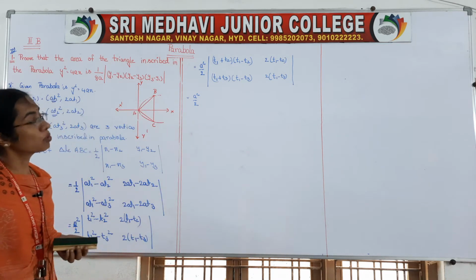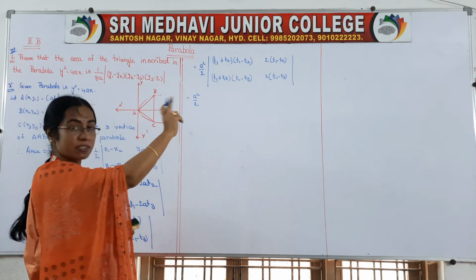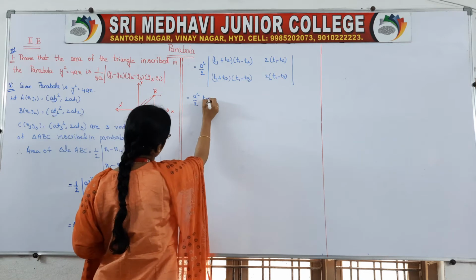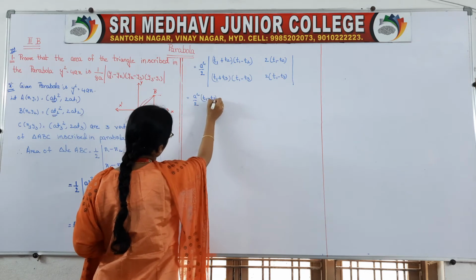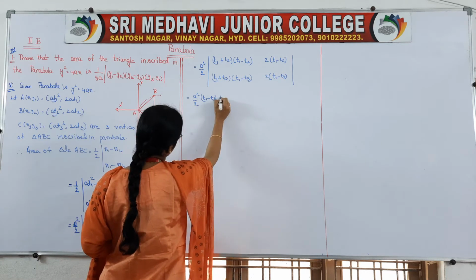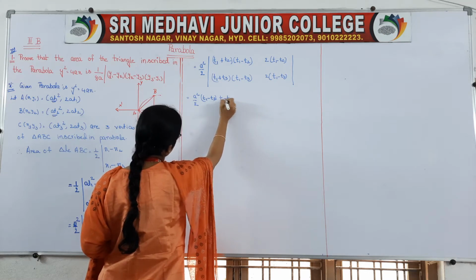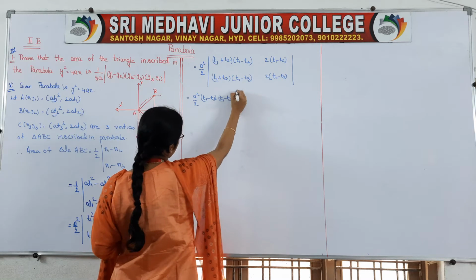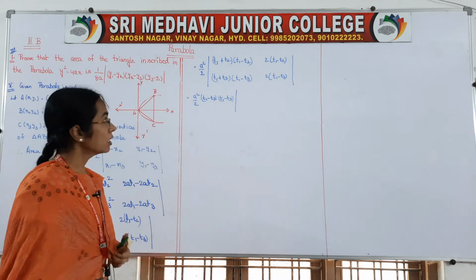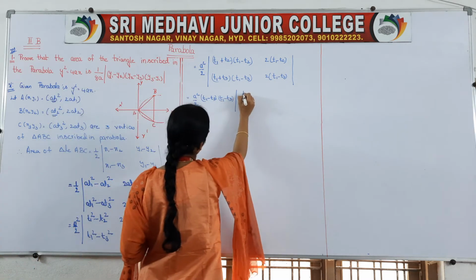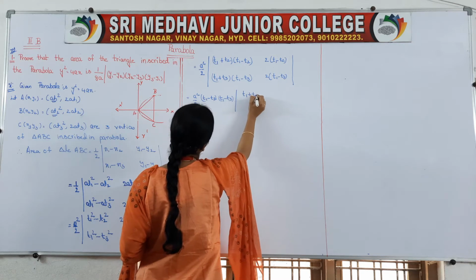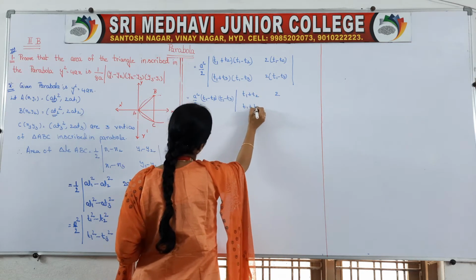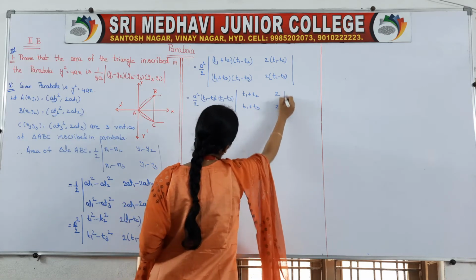From the first row, we can take t1 minus t2 is common, isn't it? So we can take t1 minus t2. From the second row, you can take t1 minus t3, t1 minus t3 common. Okay, so then you will have t1 plus t2, 2 and here t1 plus t3, 2.